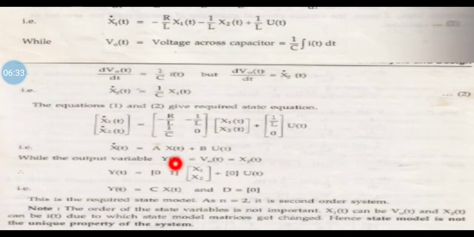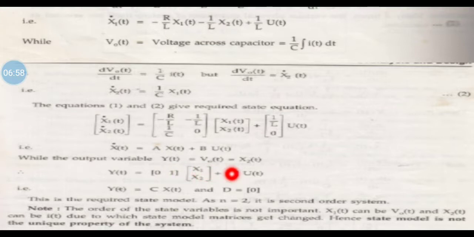So what is y of t here? V naught of t is equal to x2 of t. So y of t is equal to v naught of t. The equation of v naught of t, so you see it is in x2.